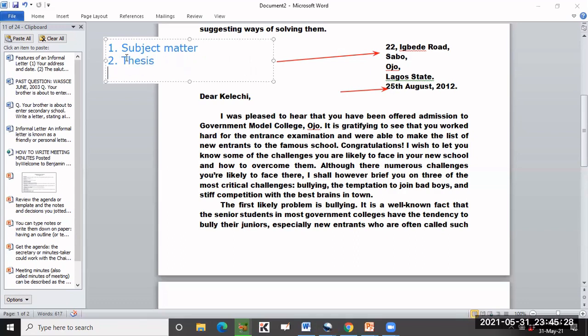Number three should be what we call enumeration. At least these three key points are very, very important.